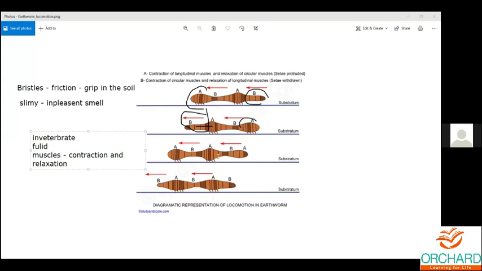To avoid any rough friction, they always secrete a slimy layer on top of them, a jelly-like substance. It has a very unpleasant odor, and that helps in the movement. It is mainly for the locomotion process. So this is called earthworm locomotion, or movement of the earthworm.